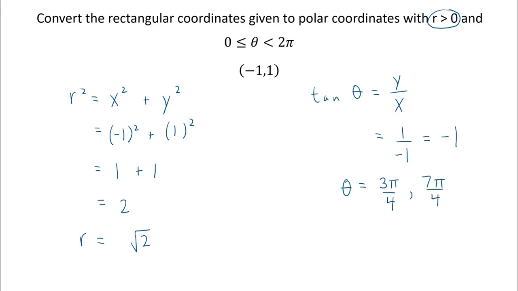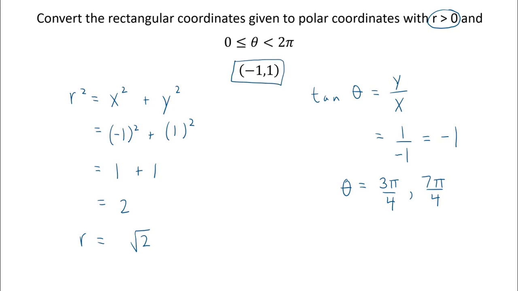3 pi over 4 and 7 pi over 4 both have a tangent value of -1 on the interval from 0 to 2 pi. So we have two angles from which to choose at this point. Both of them are between 0 and 2 pi, so which angle is the right angle to choose? To make that determination, we have to look back at our original point that we're given.